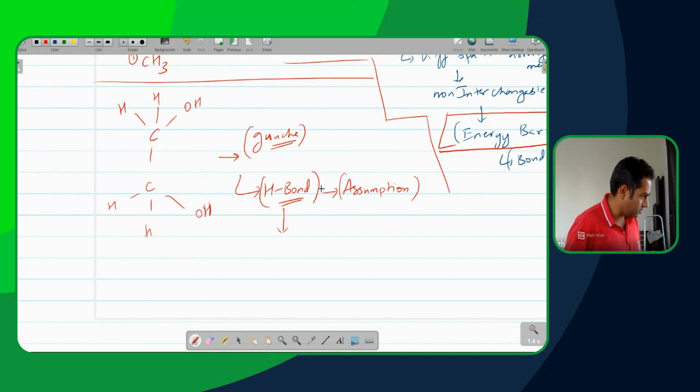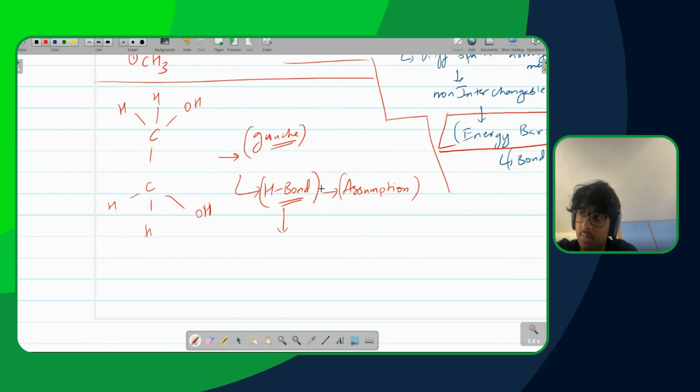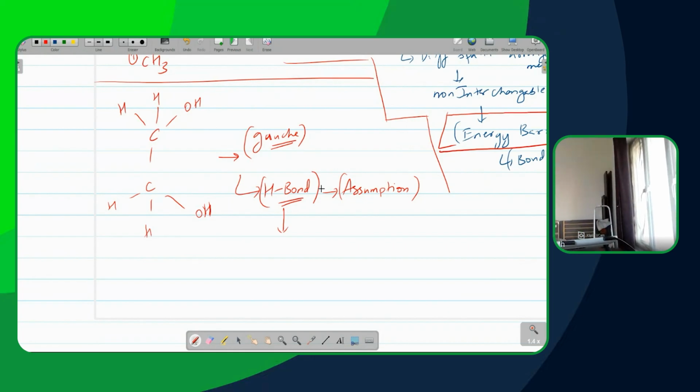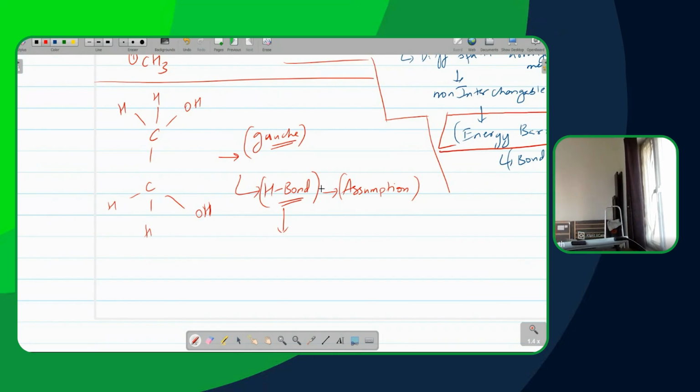I remember I discussed a little bit on hydrogen bonding with you. Why is it that the hydrogen specifically attached to the electronegative atom is the one which is showing this? What were the two things I would have discussed on hydrogen?